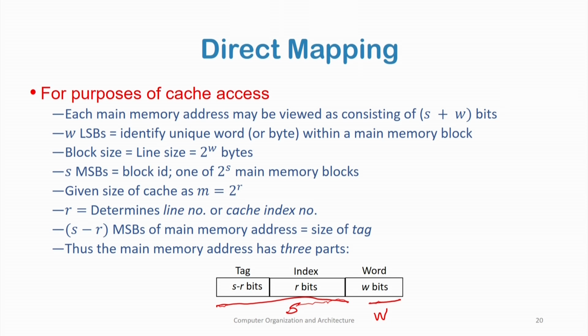So the s minus r MSBs of the main memory address give the size of the tag field. Thus the main memory address has 3 parts: the tag field, which is the s minus r MSBs; the next r bits, which identify a line in cache; and the least significant w bits, which identify a word in the main memory.